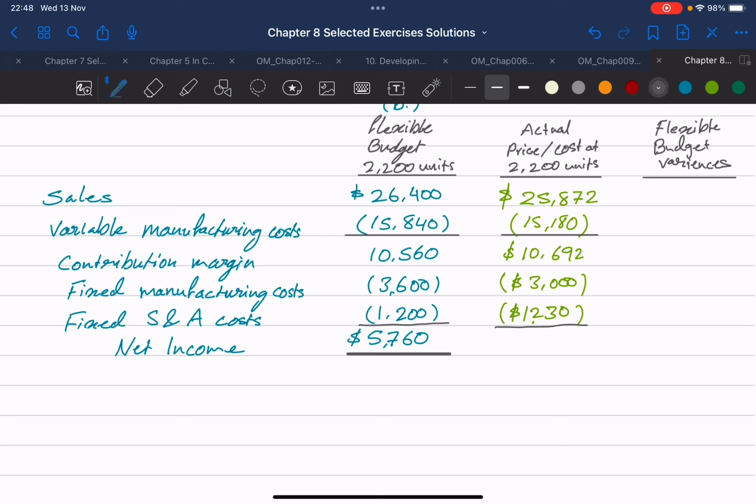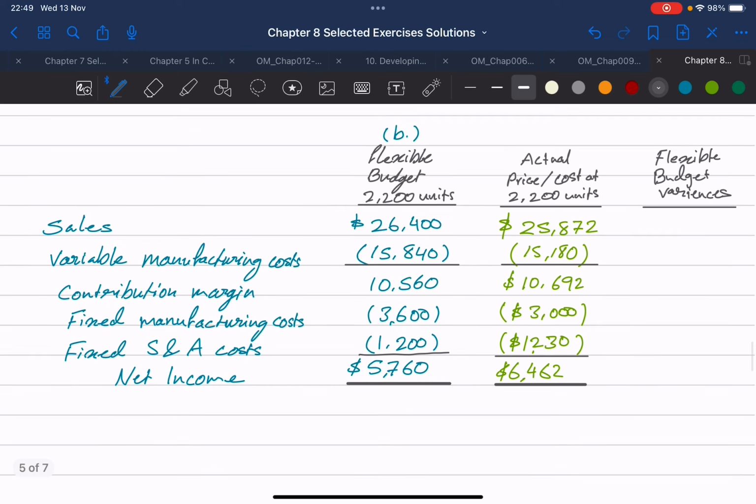Now we'll calculate the actual net income. 10,692. I already have that on my calculator, so I'm going to subtract 3,000 and also subtract 1,230. We should get a new net income of $6,462. Okay, and close the account.